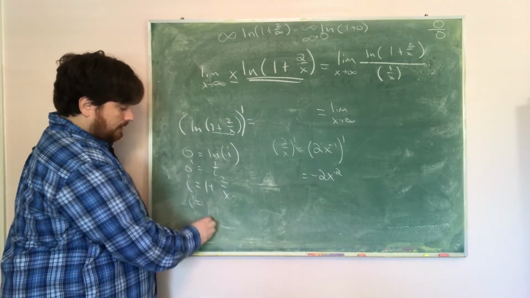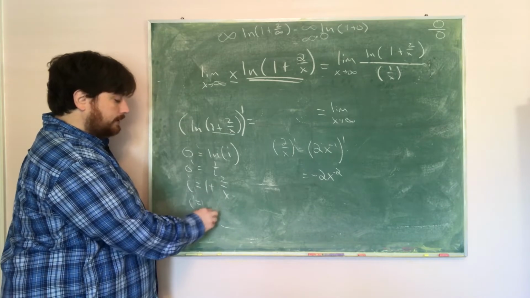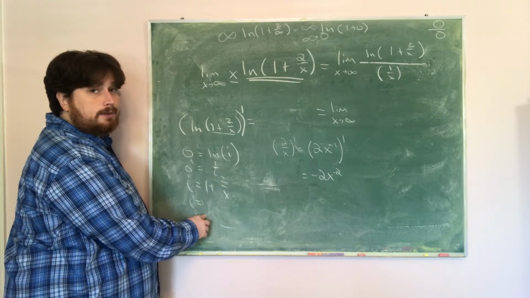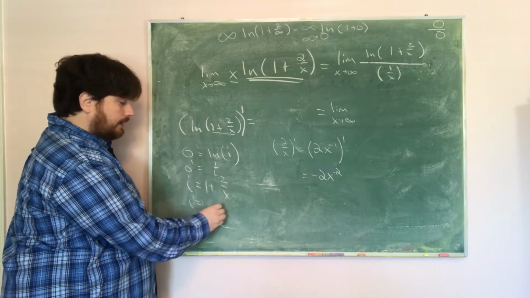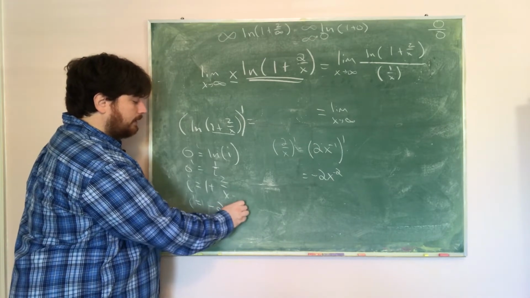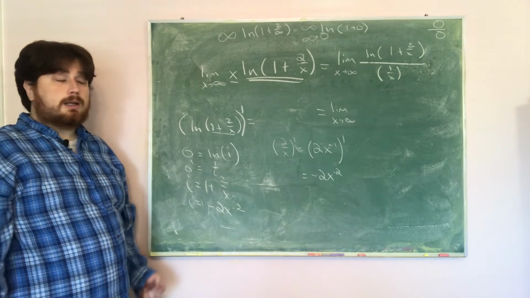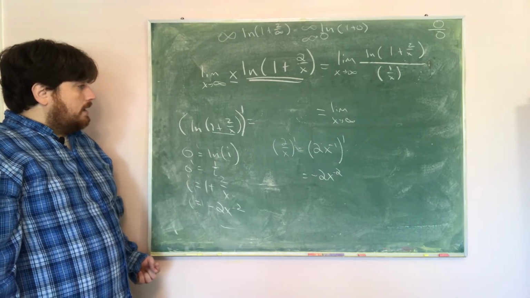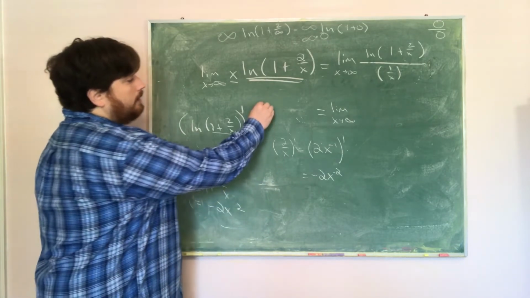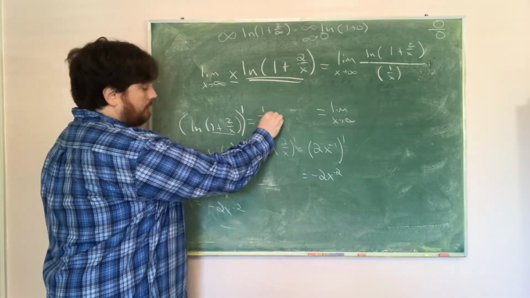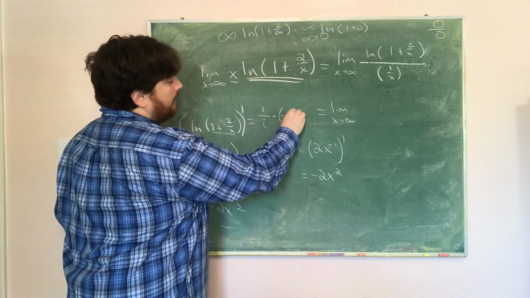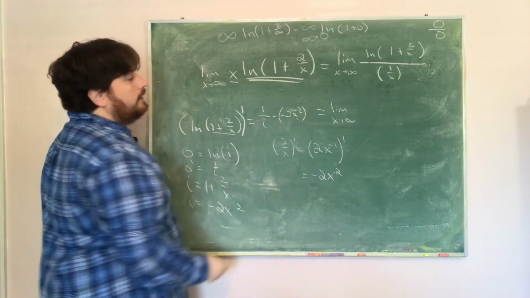And so, if I come back here, the derivative of 1 was 0. I think I wrote a 1 down earlier, sorry. But the derivative of 2 over x is negative 2x to the negative 2. So the derivative of the inside is negative 2x to the negative 2. Now, if I combine that together, I get 1 over the inside times negative 2x to the negative 2.